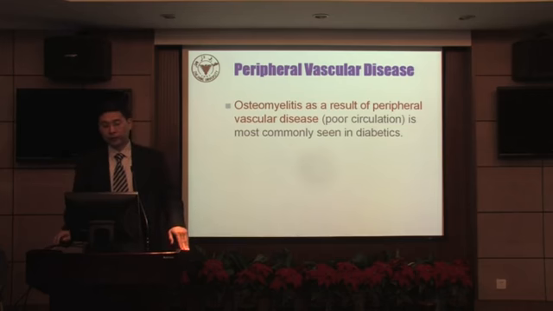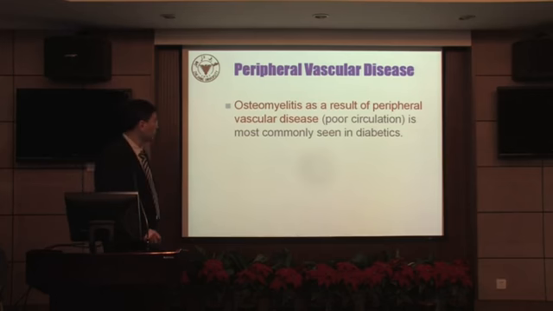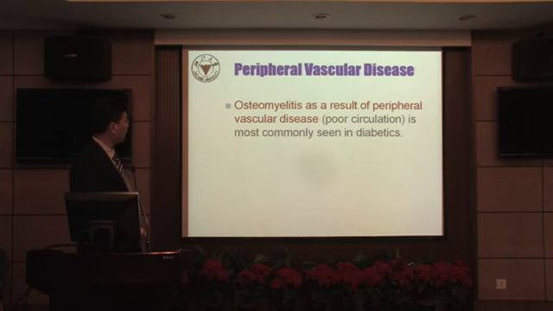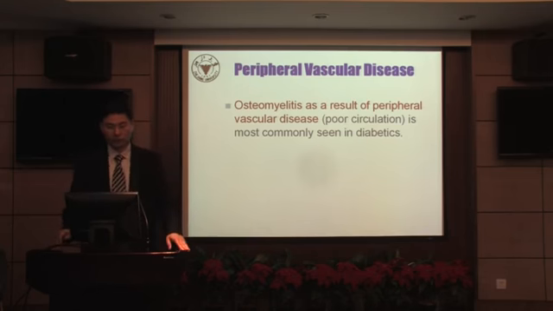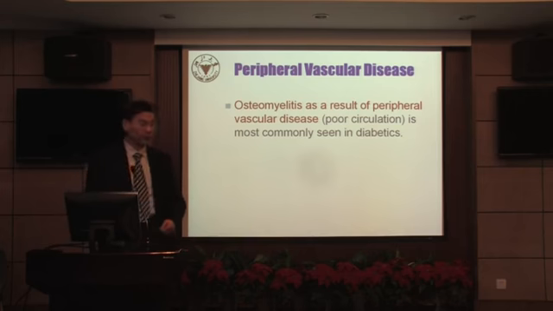The peripheral vascular disease: osteomyelitis as a result of peripheral vascular disease is always associated with poor circulation, and it is most commonly seen in diabetes.